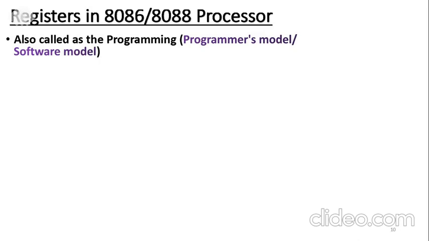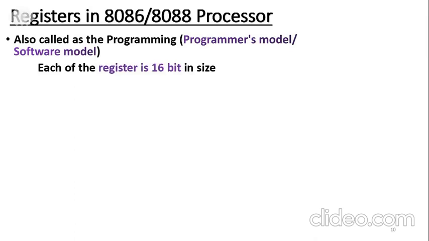Set of registers in case of any processor, that is also called as a programming model or programmer's model or software model. These three terminologies are one and the same here.